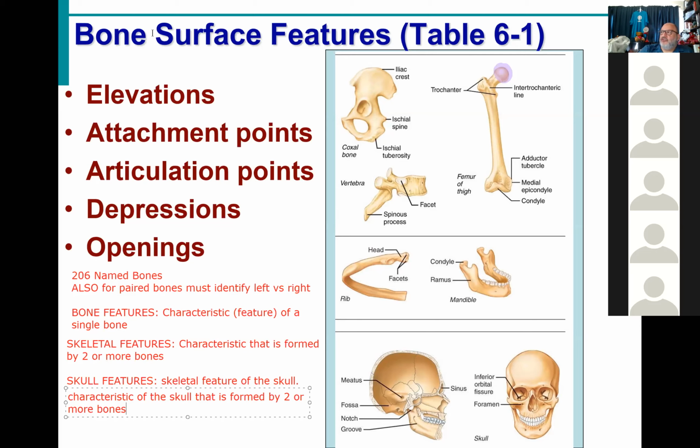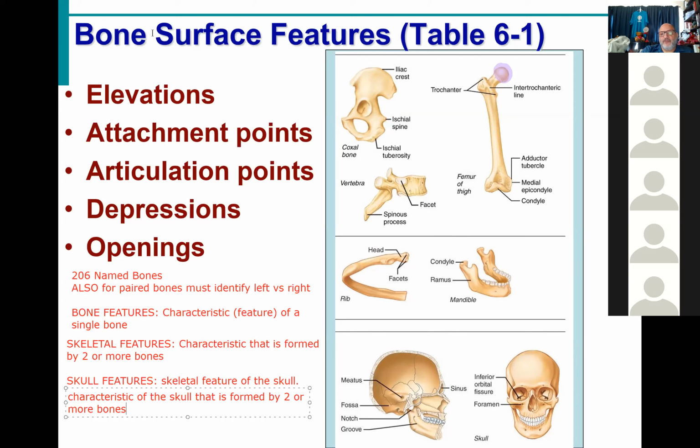So like, for instance, a tuberosity is a large rough attachment point. That vocabulary matters. Your book has a nice table that talks about these terms, and you should know the definitions of these terms. You should know that a condyle is typically a smooth, oval, articulating surface. Because then when you're looking at these characteristics on the bone, you'll be able to easily tell the difference between a condyle and a trochanter and a tuberosity.